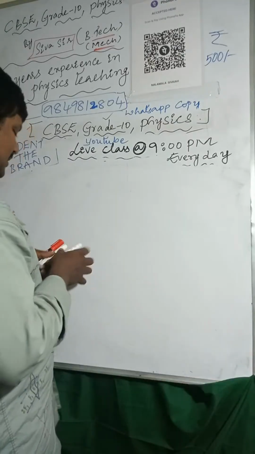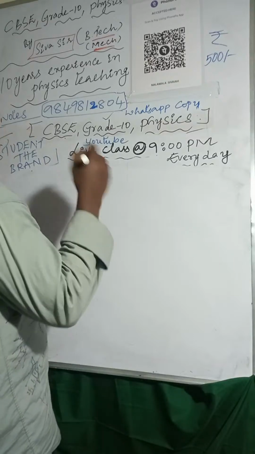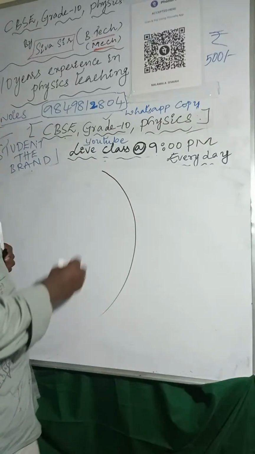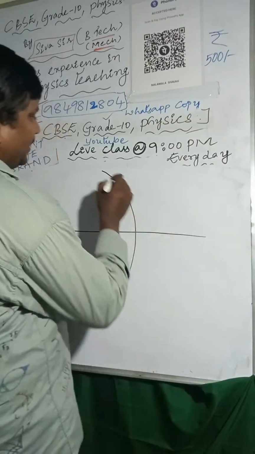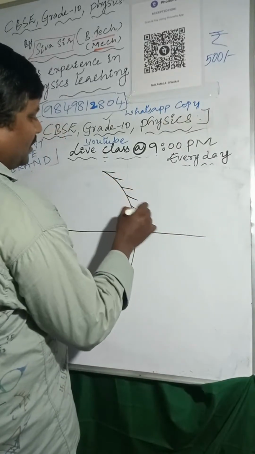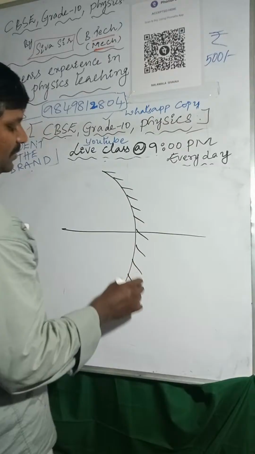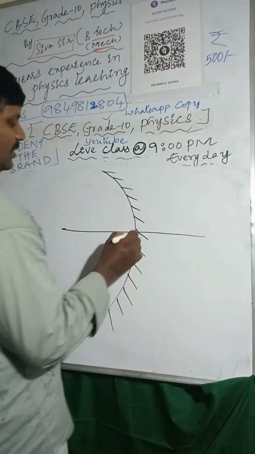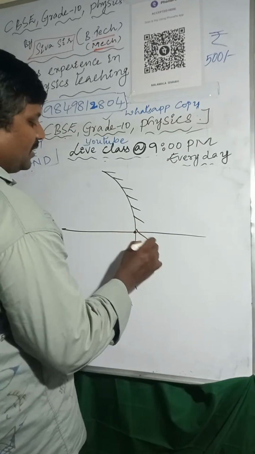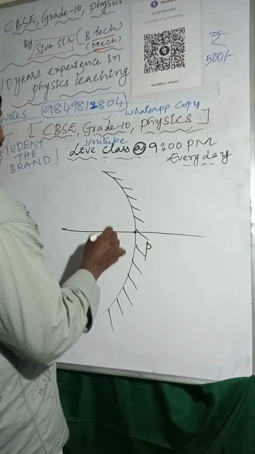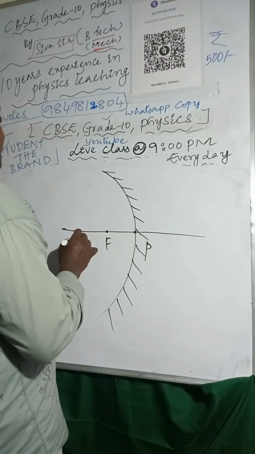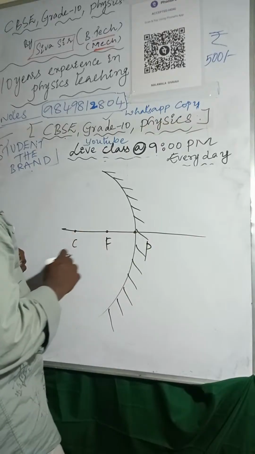So like that I'm considering here. I'm considering this a concave mirror, with pole, focus, center of curvature, like this I'm taking here.